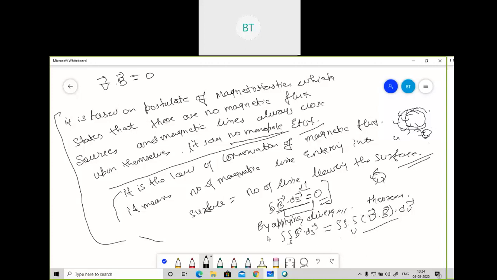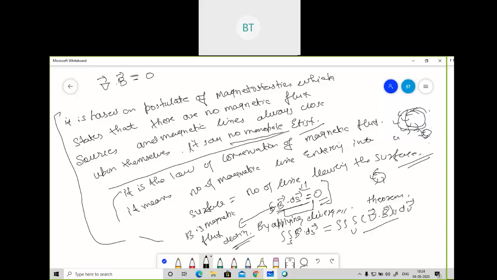So what is B here? B is the magnetic flux density.